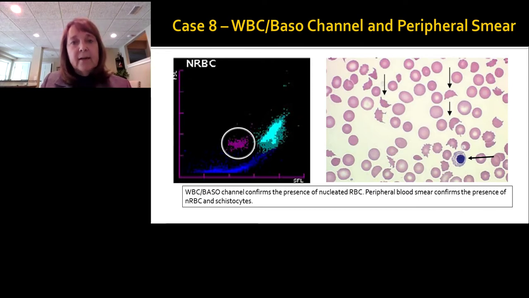And indeed, I have multiple small red cells in here, probably enough to make a visible bump that we saw on the scattergram. Do I have nucleated red cells? Certainly, I have nucleated red cells that are there, consistent with increased reticulocytes.